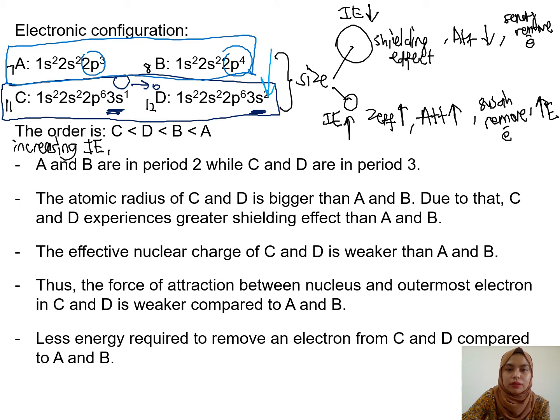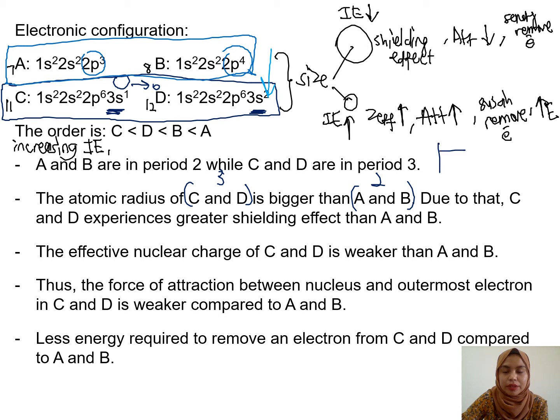Group 2 first, then 3, like that. So what happens here is the atomic radius of C and D is bigger than A and B. Why? C and D are in the third period in the periodic table of elements. A and B are in the second period in the periodic table of elements.